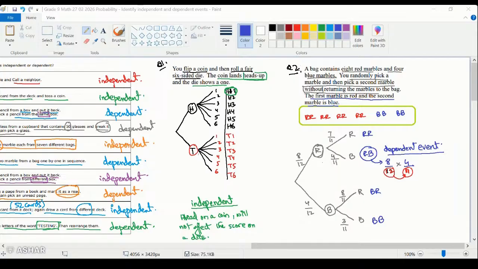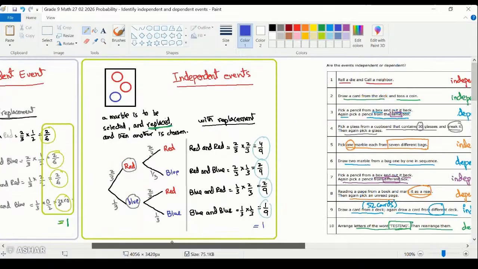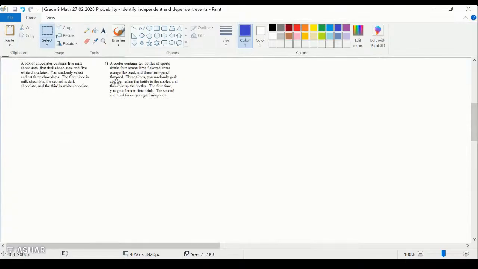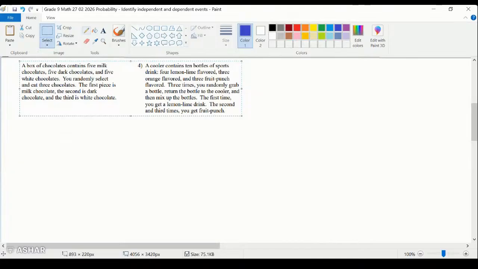Just a moment. For the next question, it says question number 2, 3, and 4. Let's see, question number 3 and 4. Question number 3. In question number 3, they're saying a box of chocolate contains 5 milk chocolates, 5 dark chocolates, and 5 white chocolates, right?